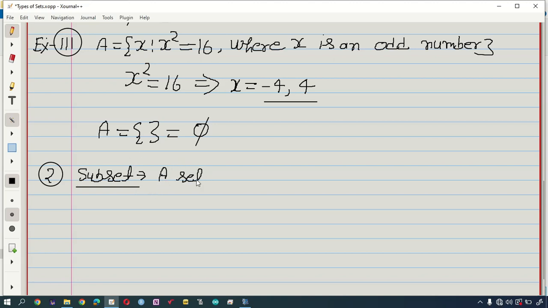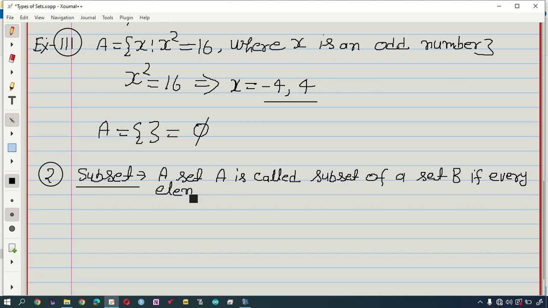A set A is called a subset of a set B if every element of A is an element of B. So now let us try to understand it.